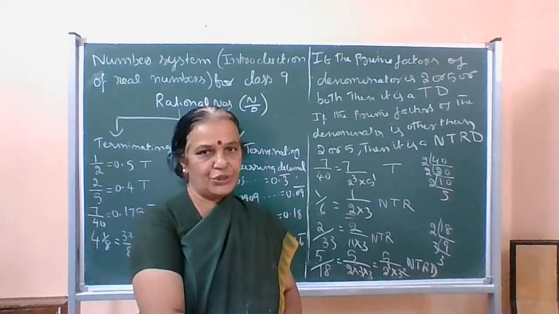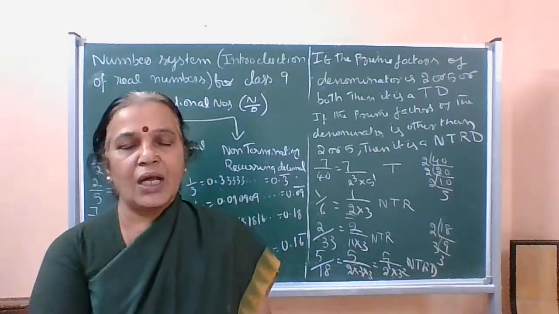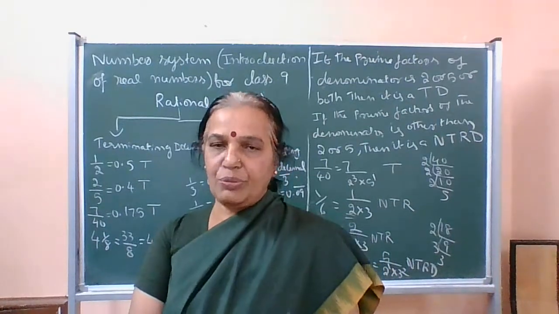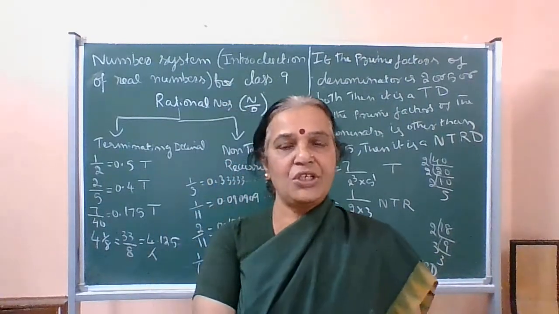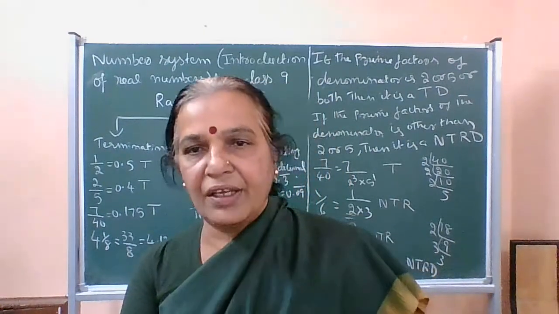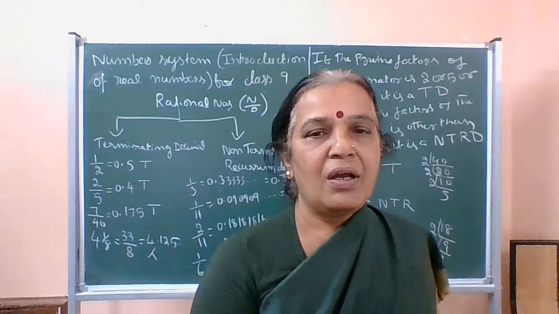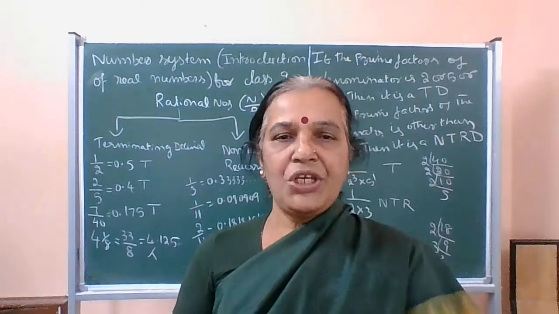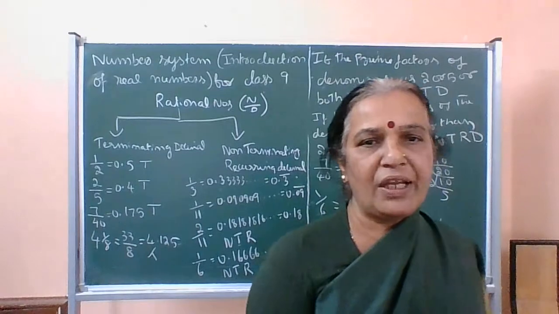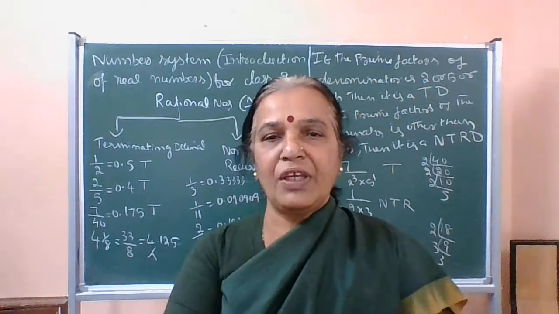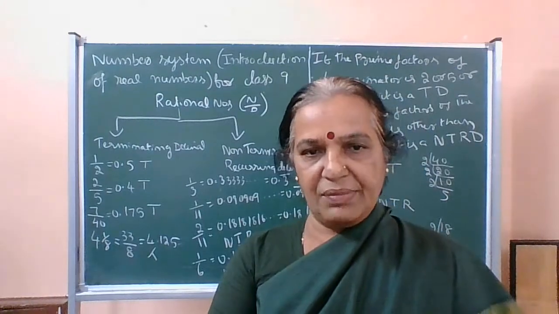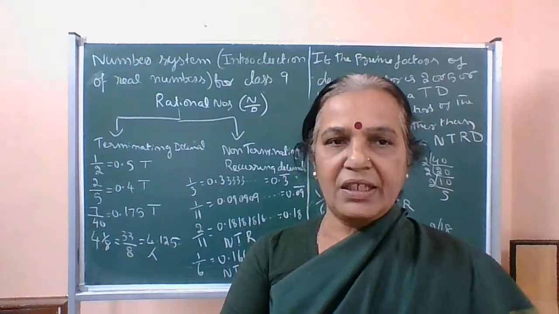Now, you have understood. If you divide the numerator by the denominator and the process of division comes to an end, then we call them terminating decimals. If the process of division will not come to an end, then we call them non-terminating repeating or recurring decimals.